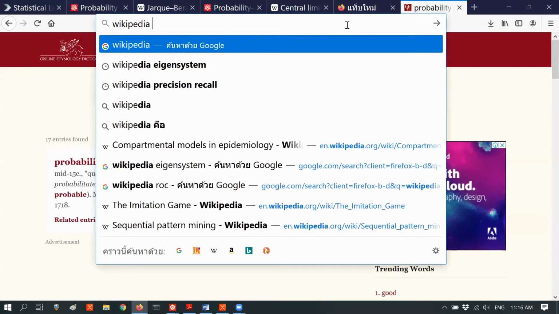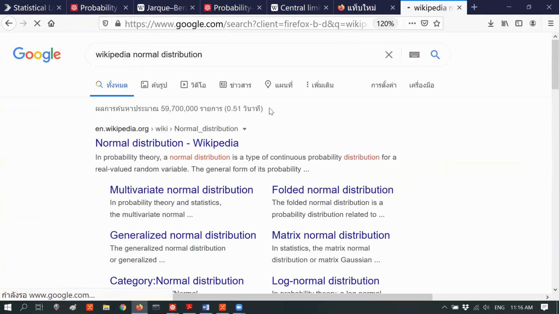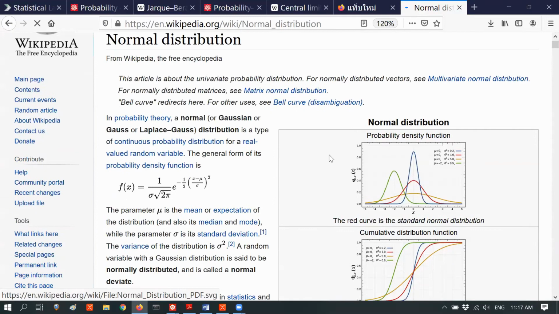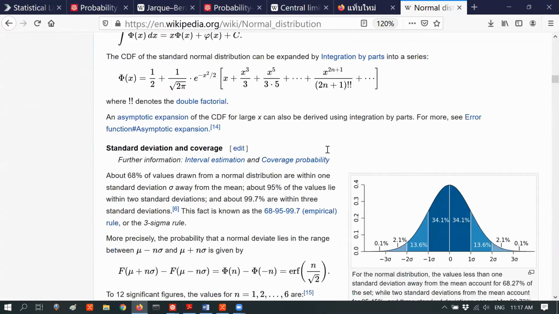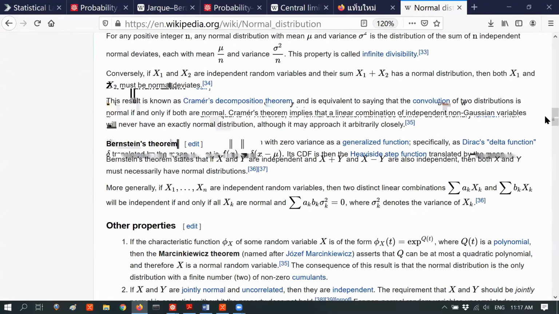Wikipedia, the normal distribution. Obviously, that's going to give you a normal distribution. The point is, when you go to the very bottom, there'll be a little menu. Okay, this is all about the normal distribution.